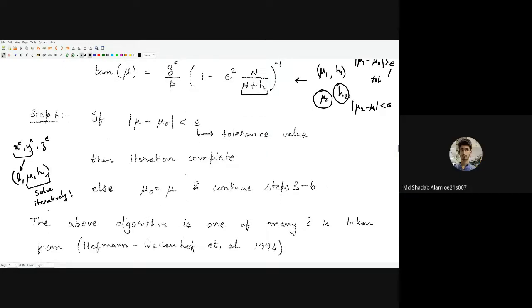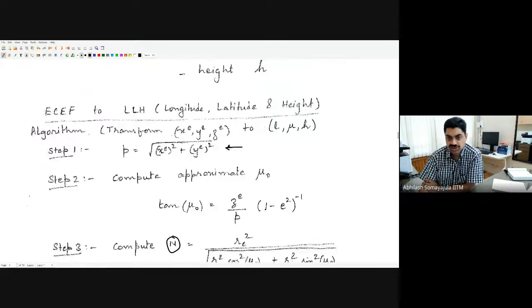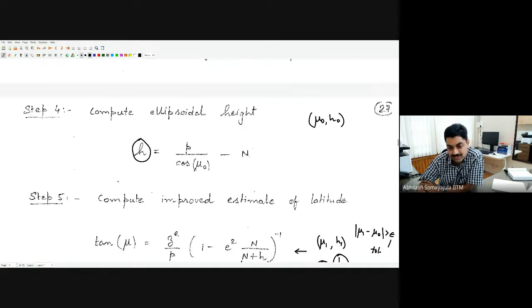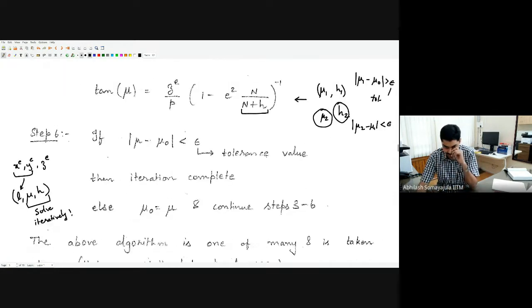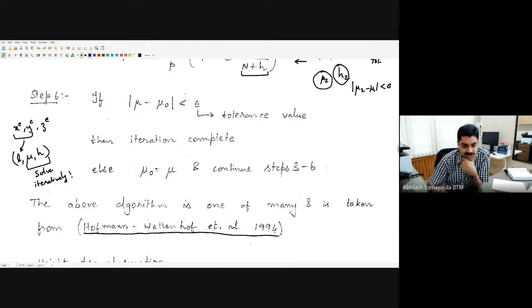Now, as Aditya just rightly pointed out, there was no reason to choose N by N plus h as 1 and then apply this formula. You could have started at a different starting point also. And not only that, there could be a slightly different algorithm also. What we have shown is one of the many algorithms, and it is the one followed by the seminal book by Hofmann-Wellenhof et al., 1994.